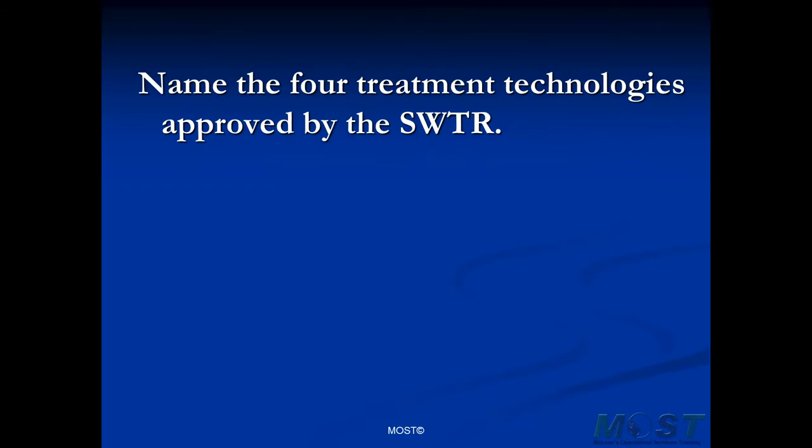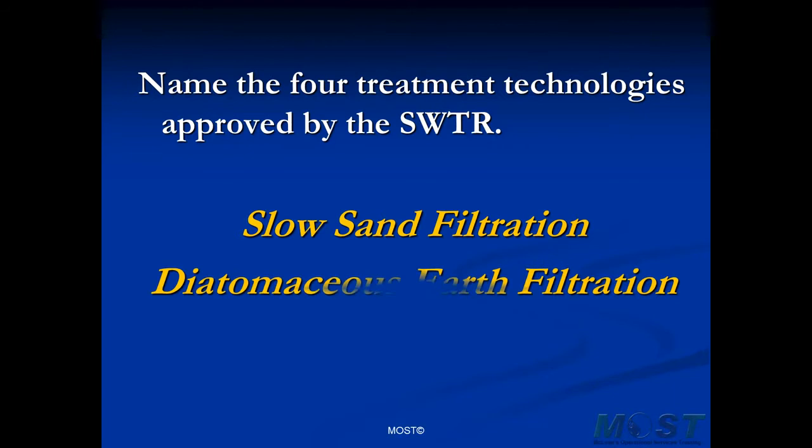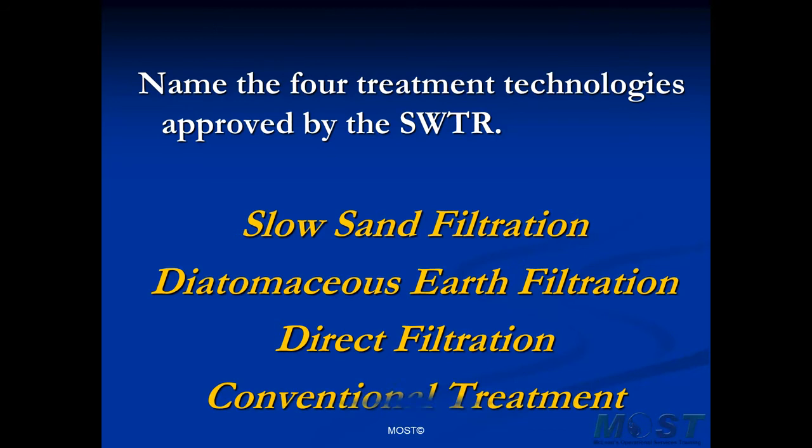Name the 4 treatment technologies approved by the Surface Water Treatment Rule. And these are removal technologies. So they are slow sand filtration, diatomaceous earth filtration, direct filtration, and conventional treatment.